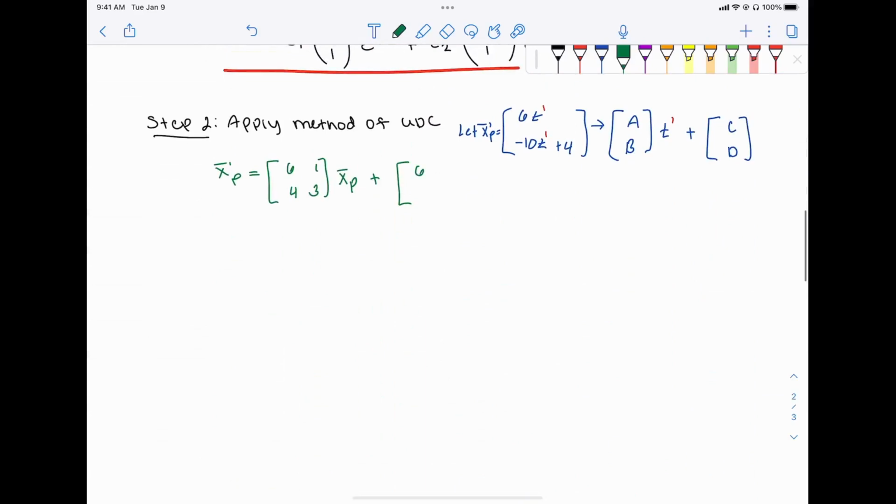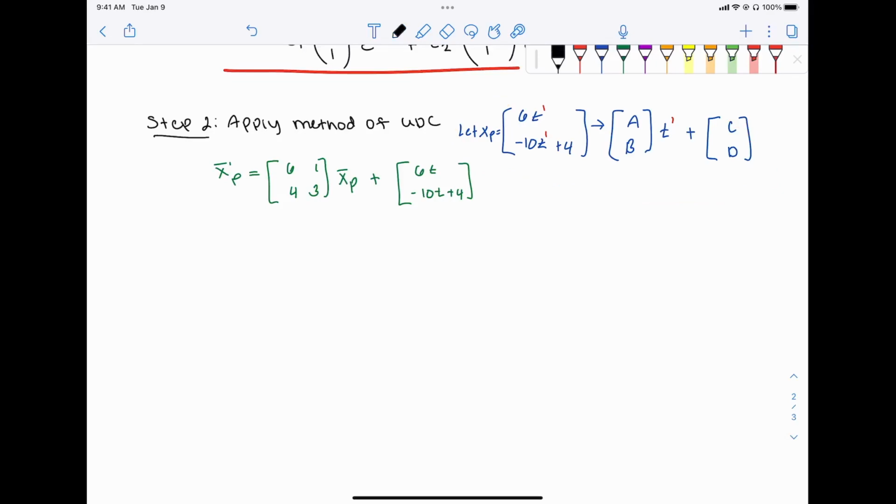Okay, and then we simply just need to plug in everything else. Well, oh, and I wrote this wrong. I'm sorry. It's not x prime of p. We let x of p, or a particular solution, be equal to something that looks like this. Okay.